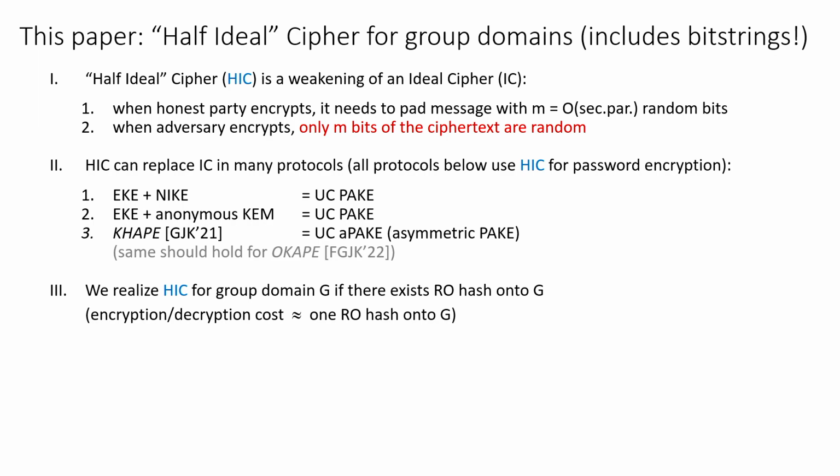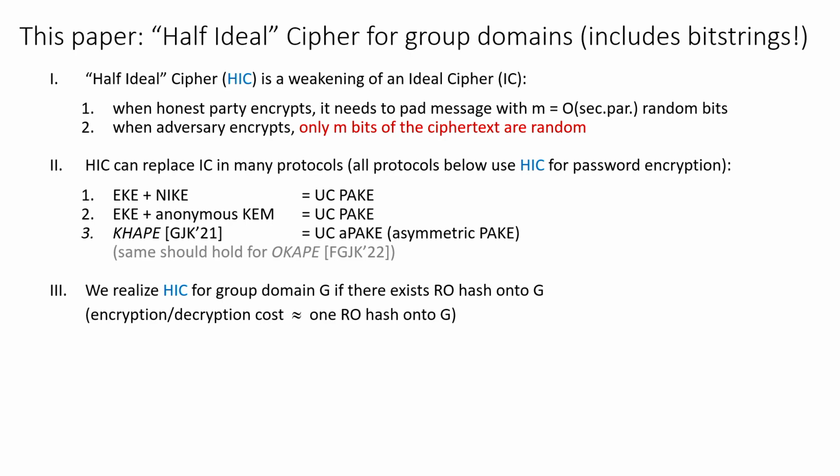So when you encrypt a group element, you need some extra order of security parameter bits. And the second weakening is that when the adversary encrypts, the cipher is not random. Only these m bits of the cipher are random. Nevertheless, we argue that half-ideal cipher can replace ideal cipher in many password-based protocols in PAKEs and APAKEs.